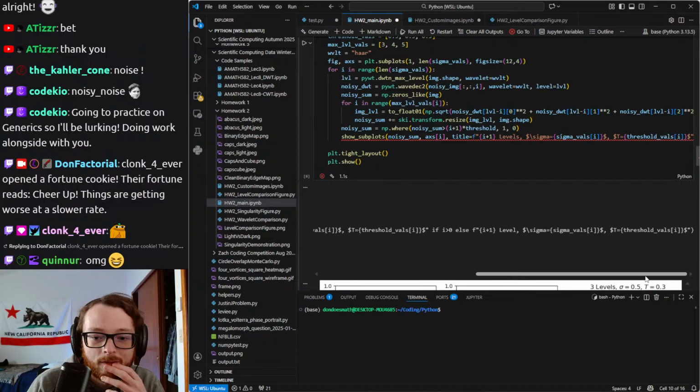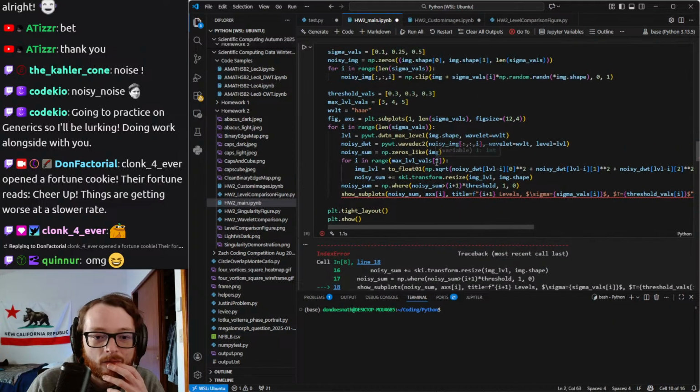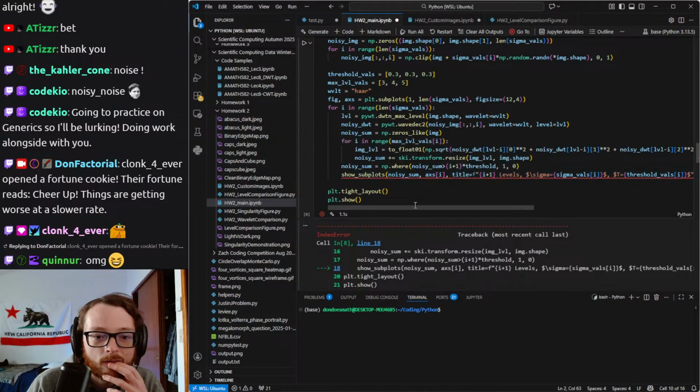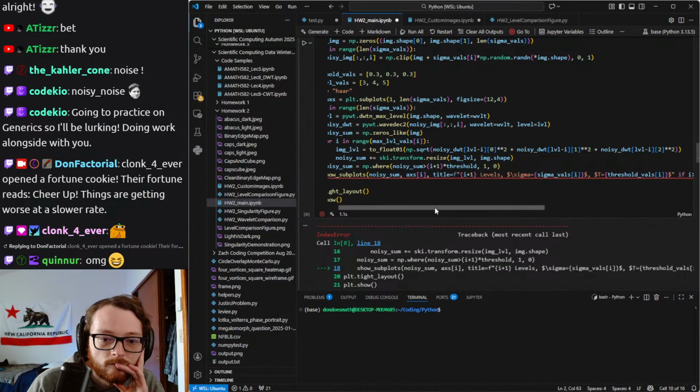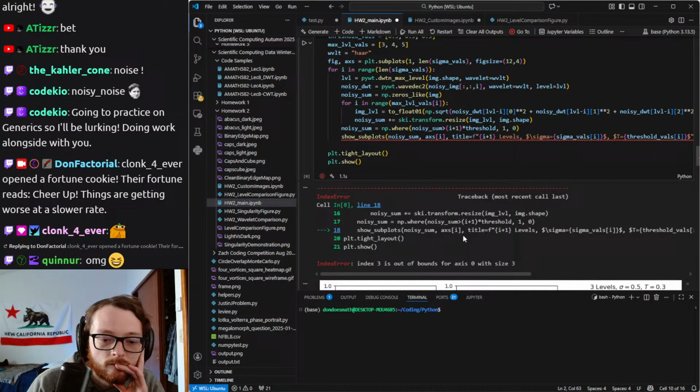Which one? For axis 0 with size 3. What?